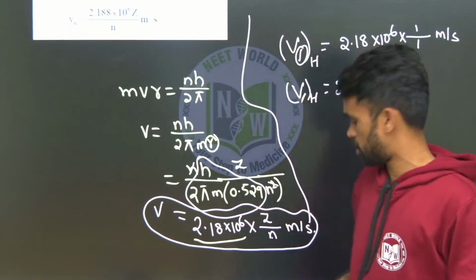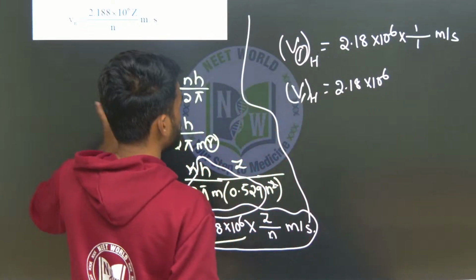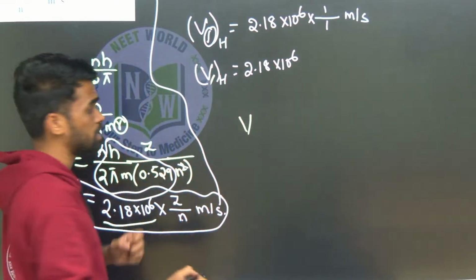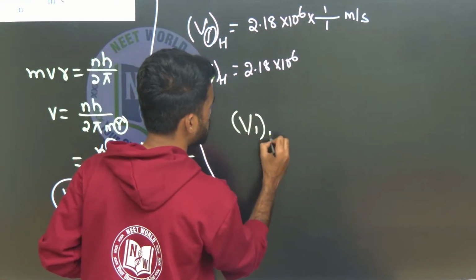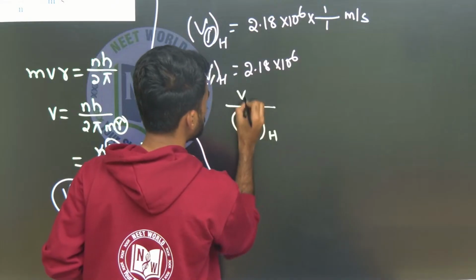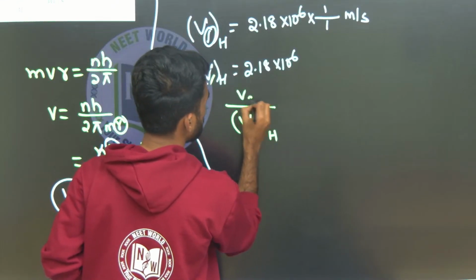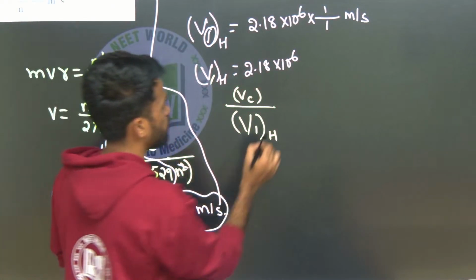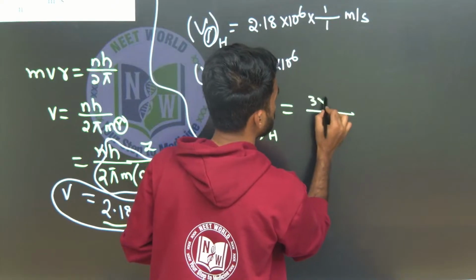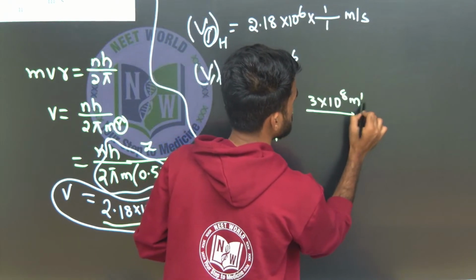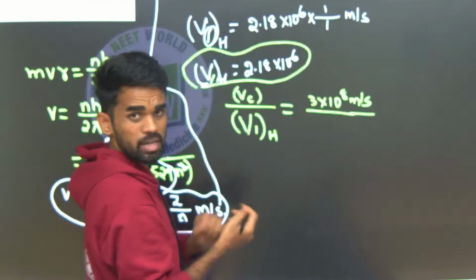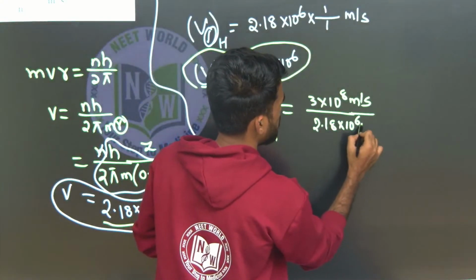Now there was a question asked previously: what is the ratio of the speed of light to the velocity of the electron revolving in the first Bohr orbit of hydrogen atom? Very simple. We know the speed of light is 3 into 10 power 8 meter per second, and the velocity of the electron in the first Bohr orbit is 2.18 into 10 power 6 meter per second.